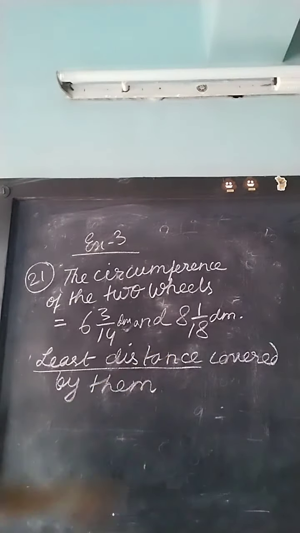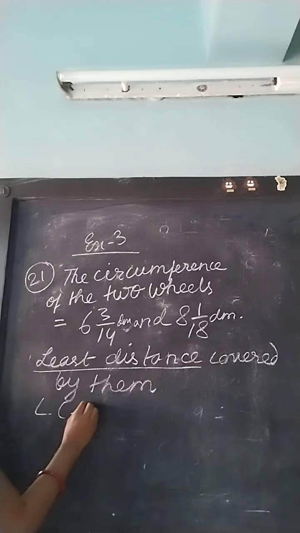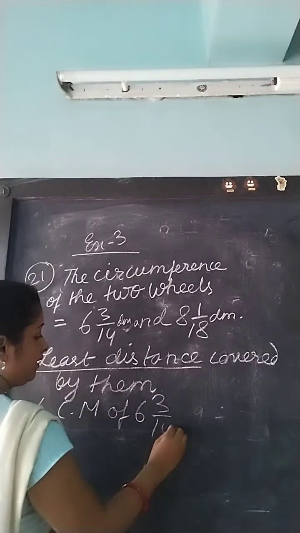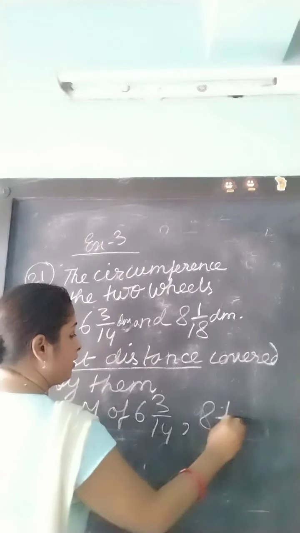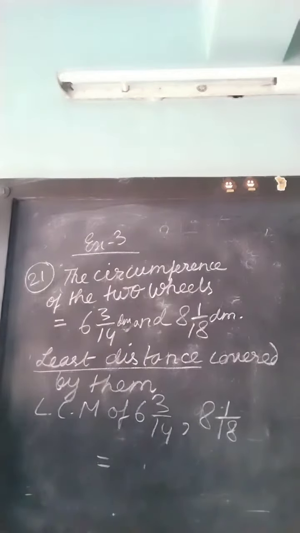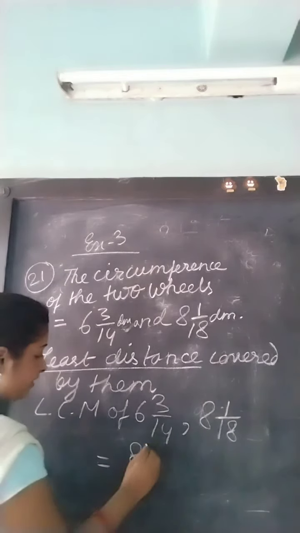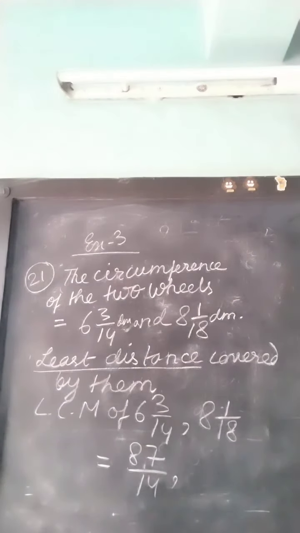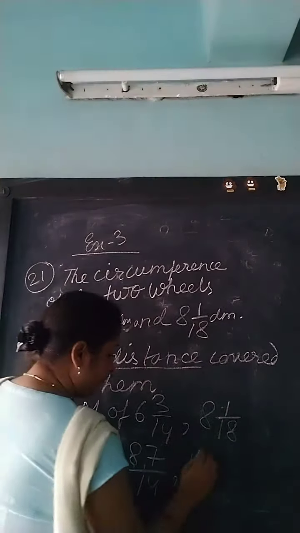So please first write down LCM of 6 whole number 3 by 14 and 8 whole number 1 by 18 is equal to 87 by 14 if you change it into a improper fraction, and 145 by 18.